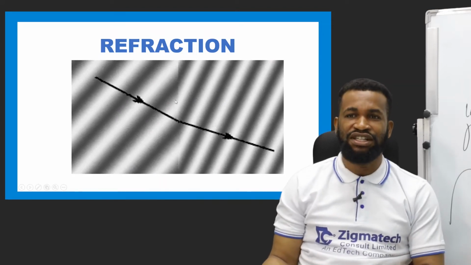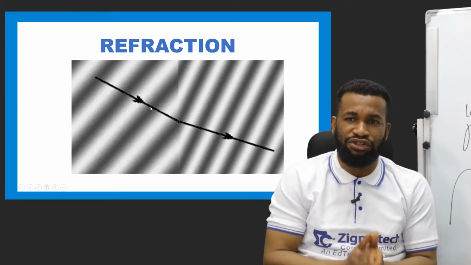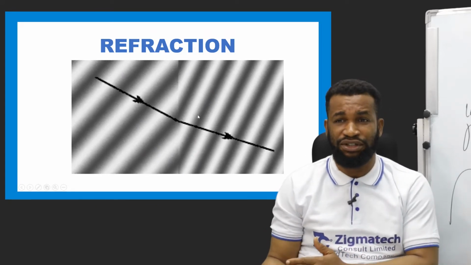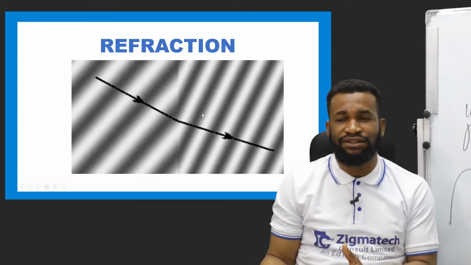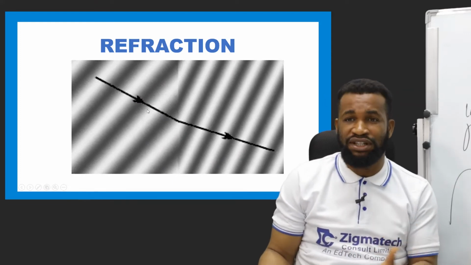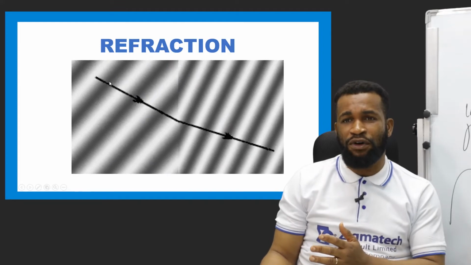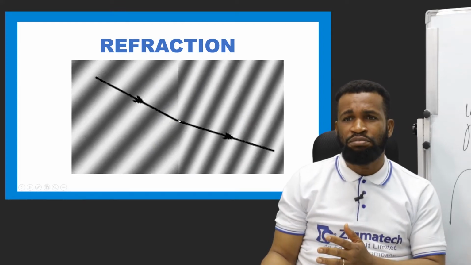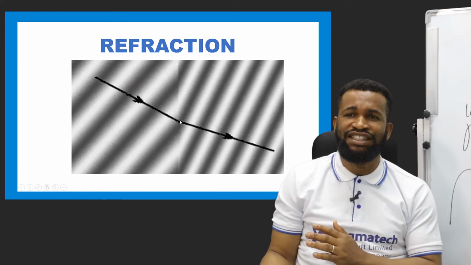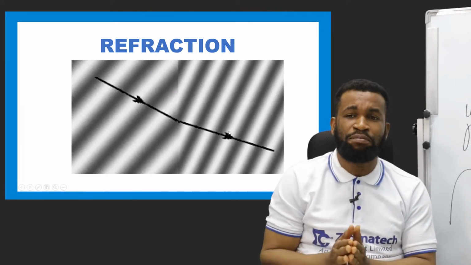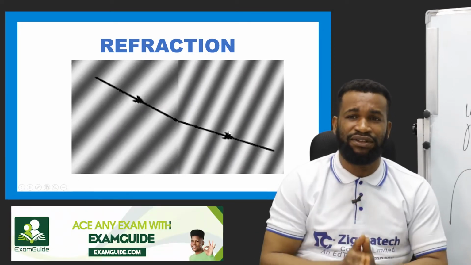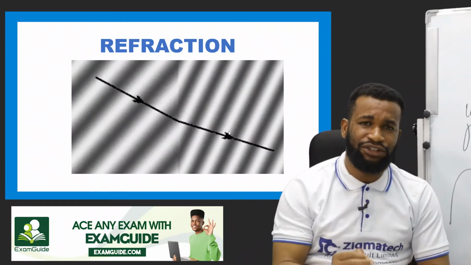That demarcation is separating one medium from the other medium, maybe from water to light or any two media. Now, when a wave is traveling from one medium, before it enters another medium, it deviates from the normal direction it started with. We say that refraction has occurred.